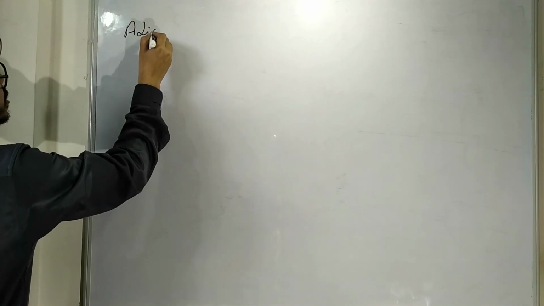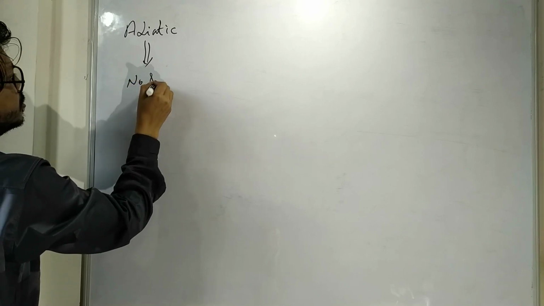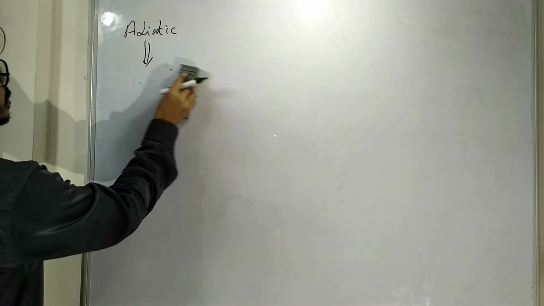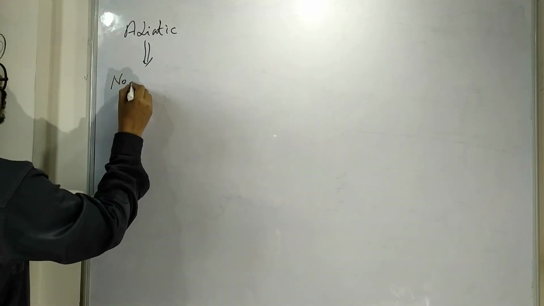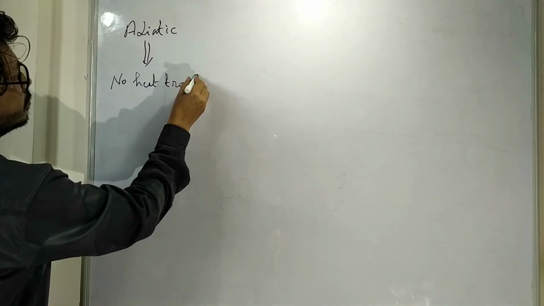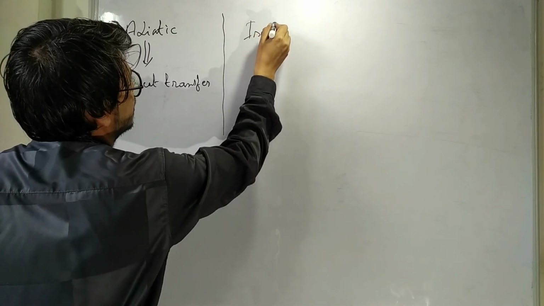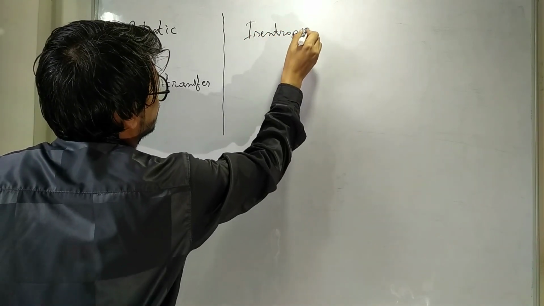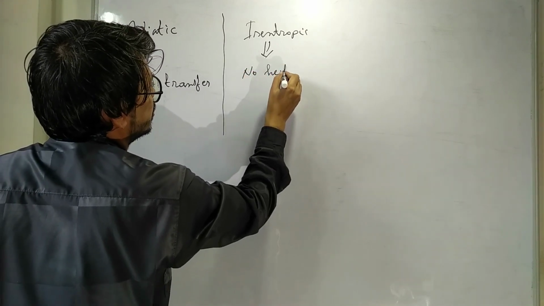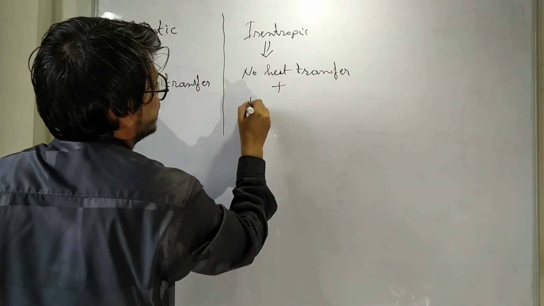Adiabatic means no heat transfer. Isentropic means no heat transfer plus reversible process.